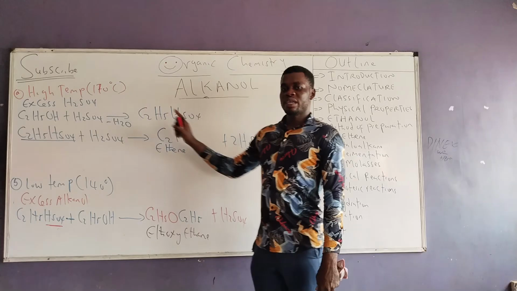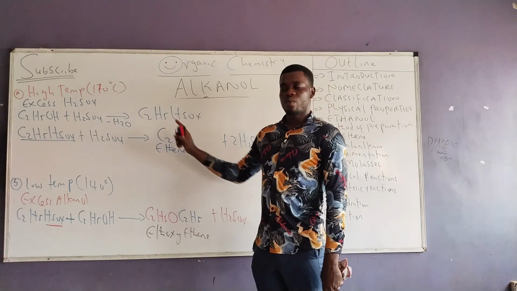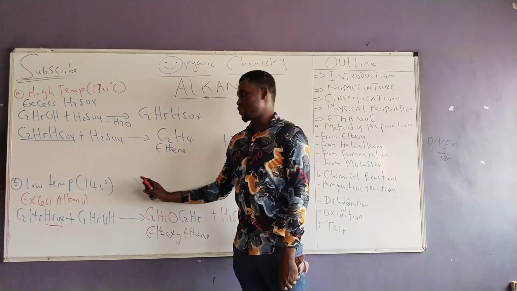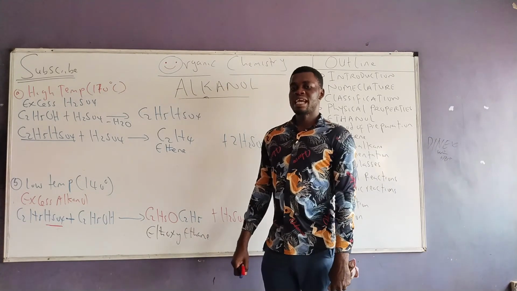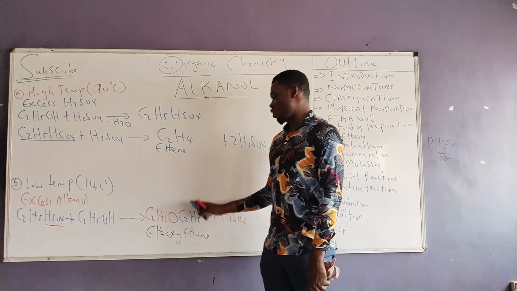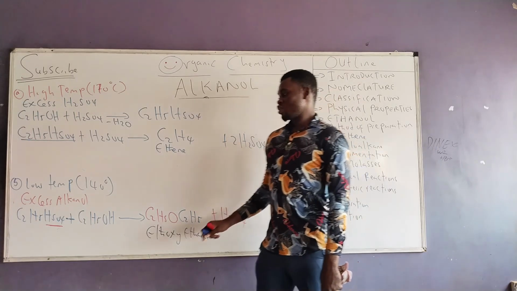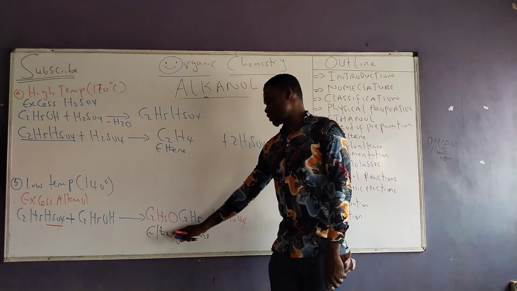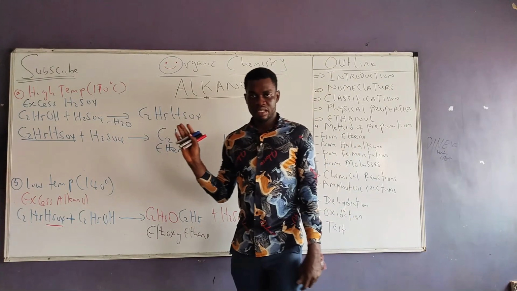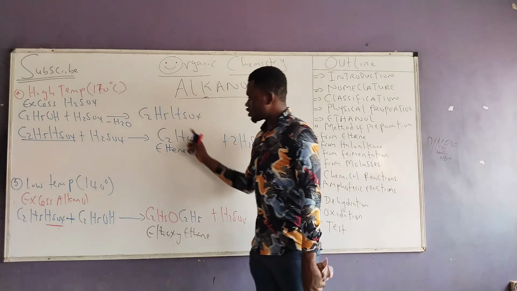If it is ethanol, we get ethene. Propanol, we get propene. But at low temperature and excess alkanol, the alkanol will be dehydrated to its respective alkoxyalkane. Very simple.